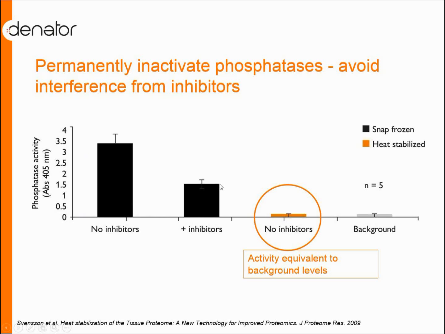If we add inhibitors, this is the phosphostop tablets from Roche cocktail, we see an expected drop, but nonetheless the levels are roughly 40–50% of the original level, so still quite a lot of residual activity also with the chemical inhibitors. If we do compare that to a sample which has been heat stabilized, which we see here in this orange bar, we see that level is really on the background level.